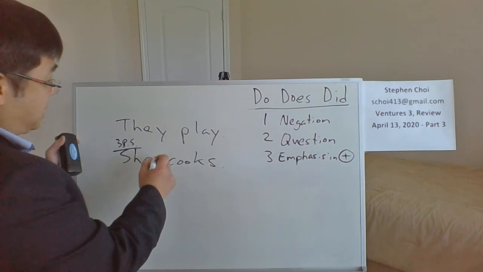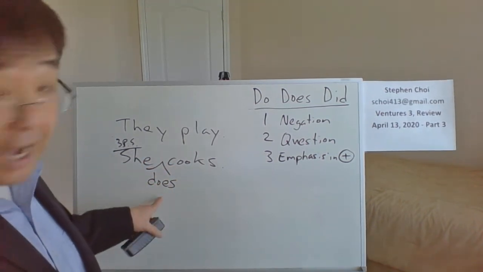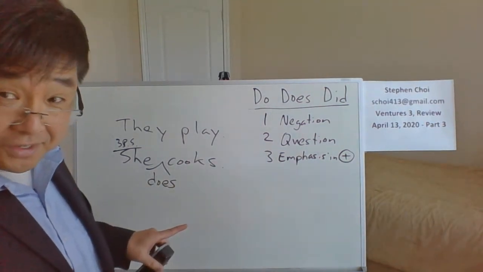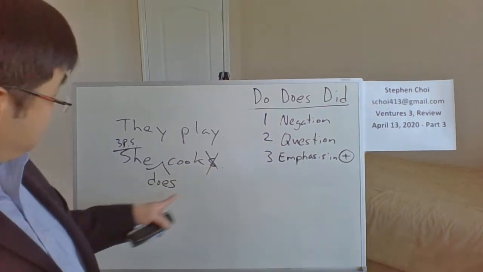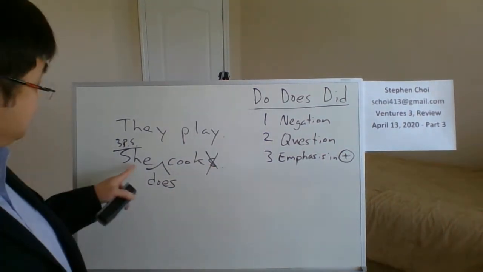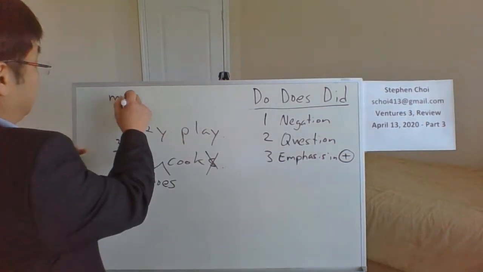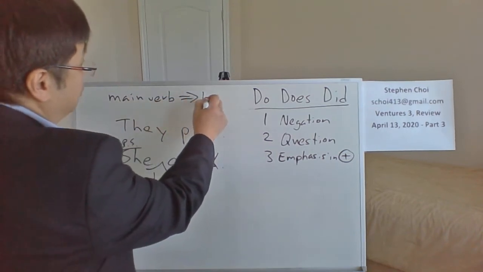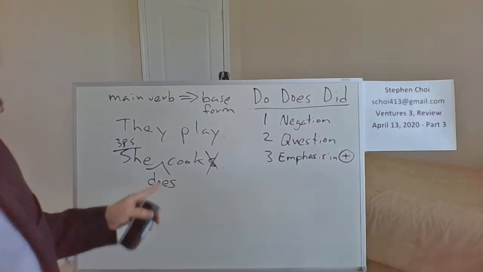So you've got to say, she does. She does cooks? No. You get rid of the S. Why? Because of the does. When you use do, does, did, the main verb goes to base form. Remember that.